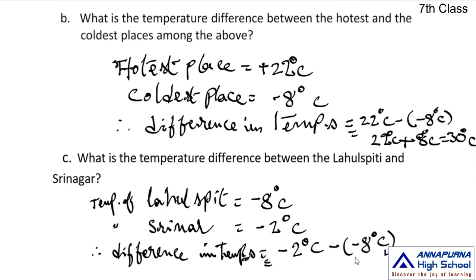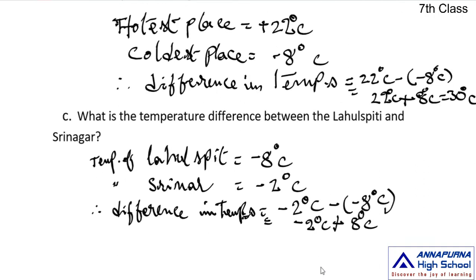As you know, subtraction means adding the additive inverse. Which integer is to be subtracted? Minus 8. Therefore minus 8 becomes plus 8 degrees centigrade. Usually we omit the plus sign. Now you add this additive inverse to the previous one, that is minus 2 degrees centigrade. That is equal to minus 2 degrees centigrade plus 8 degrees centigrade.